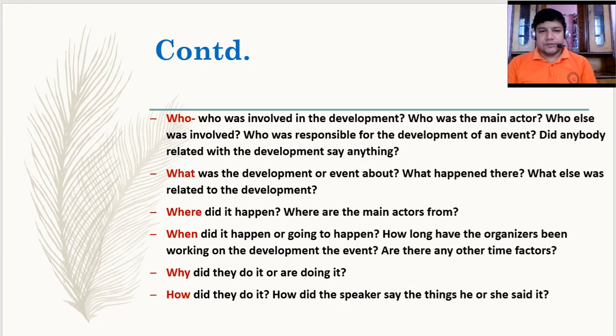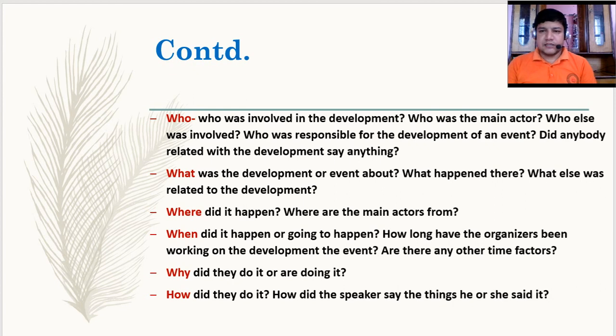In detail, the question who refers to some other sub-questions like who was involved in the development. Who caused the event? Who was the main actor? Who else was involved? So who were the actors or the participants, or the people who caused a particular event?